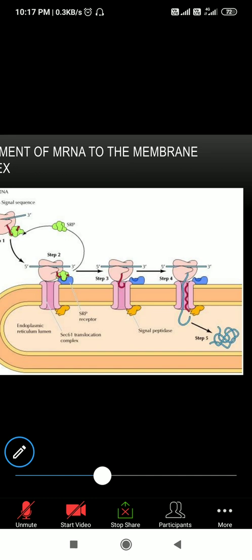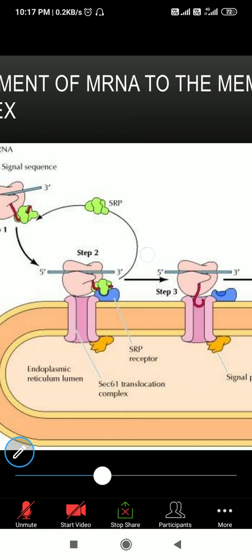The channel is thought to be made up of transmembrane proteins, and these proteins are called SEC61 proteins.